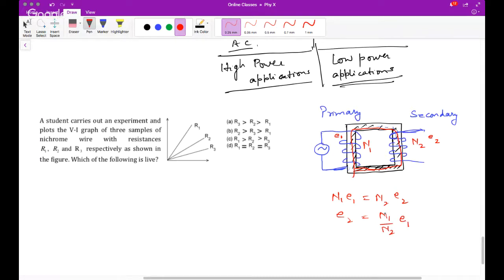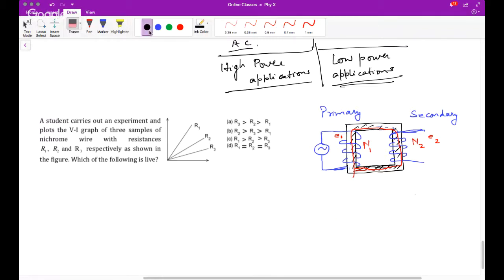If you want to step up, this voltage has to be increased... sorry, wait a minute, this is not the case. Wait a minute, let me erase this.